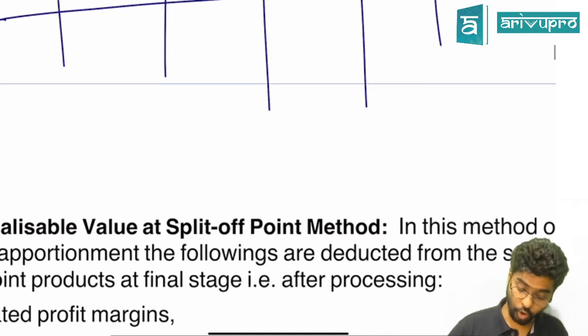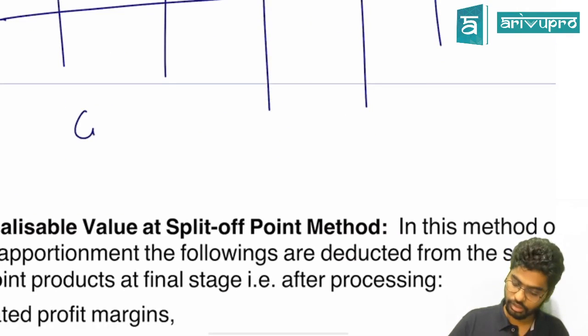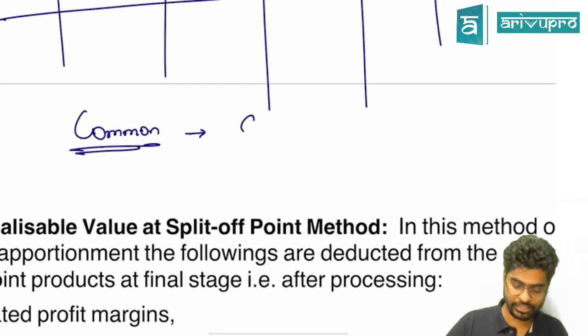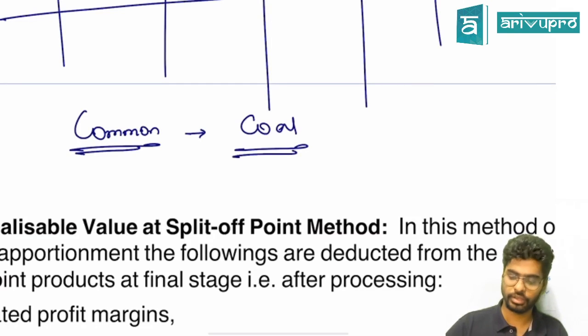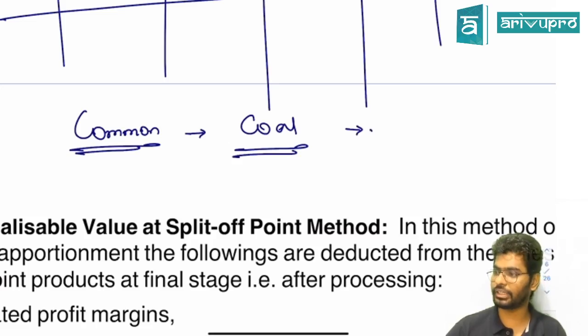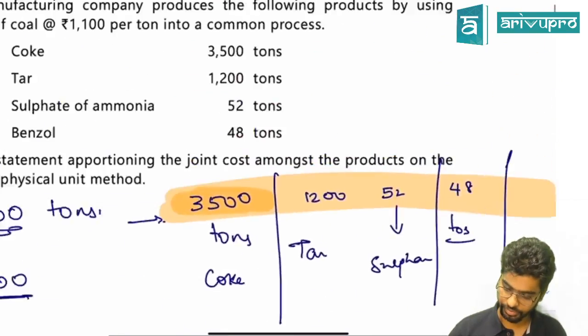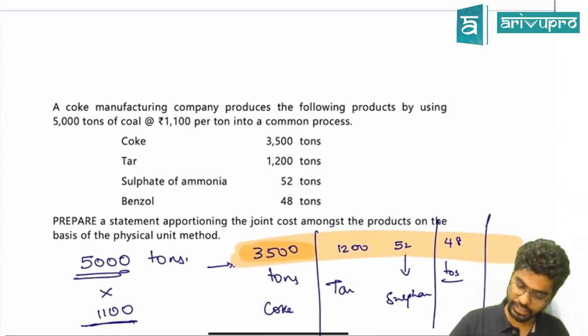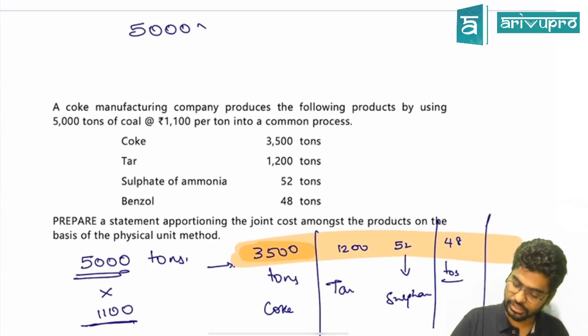Now, what is the common cost I am incurring? The common cost I'm incurring is basically the purchase of coal, which I'm purchasing how many tons in the question? I'm purchasing 5,000 tons at 1,100.